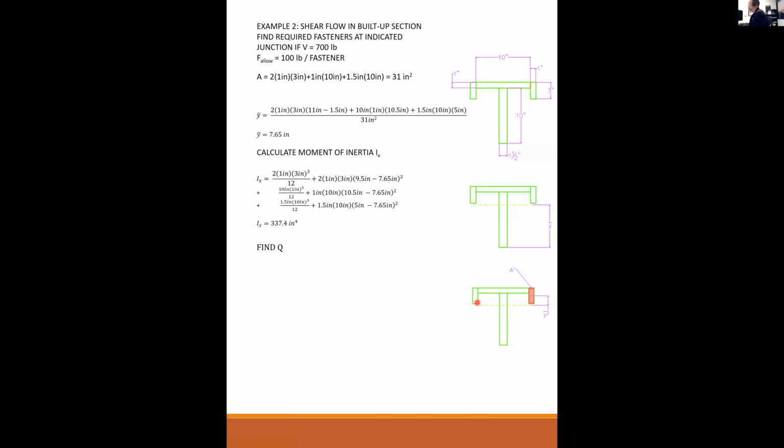Remember the flexural formula: everything above the dotted line is in compression. Everything below the dotted line is in tension, from the flexural formula, My over I. So if everything above the line is in compression, and everything below the line is in tension, then all this compression has to be balanced by this tension perfectly, because the sum of the forces has to equal 0.